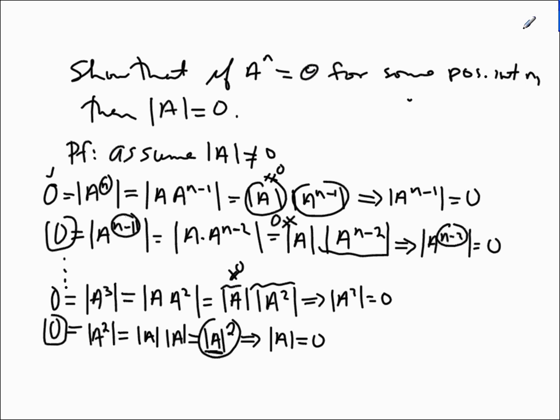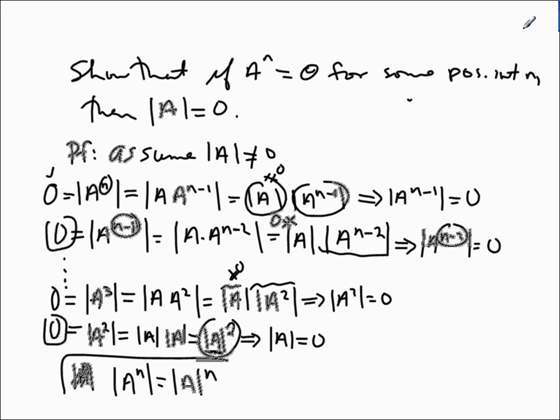Now, another way to prove this is to prove that the determinant of A to the n is the determinant of A, to the n. Once you have that, if this is 0, then you can say immediately, the only thing you can raise to the 12th power or the 25th power or some positive integer power and get 0, is 0.